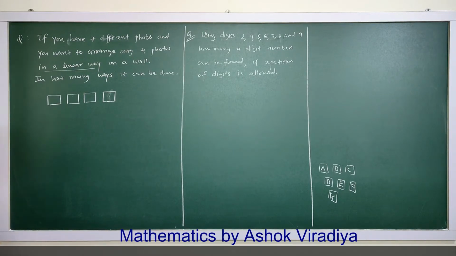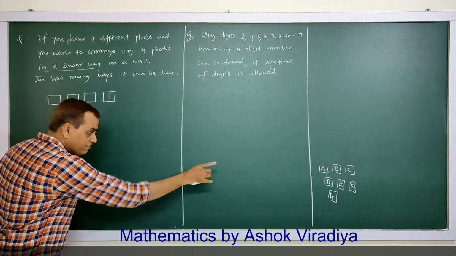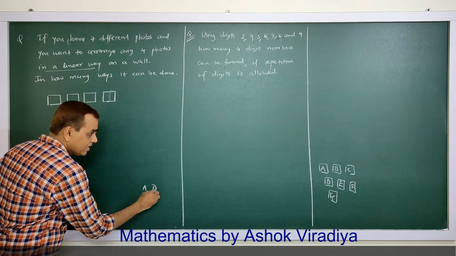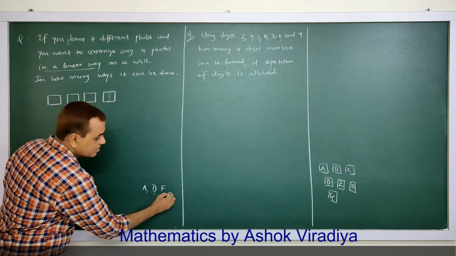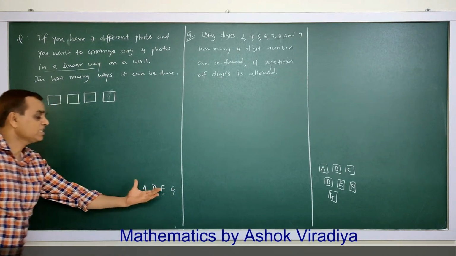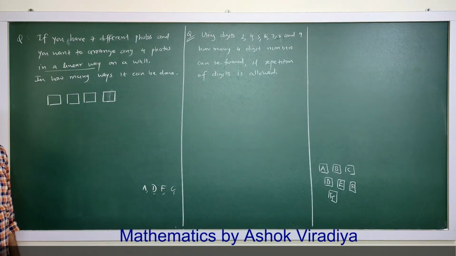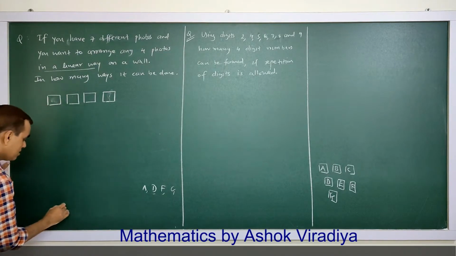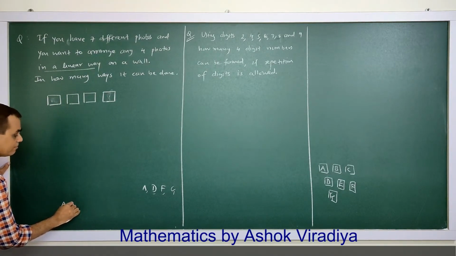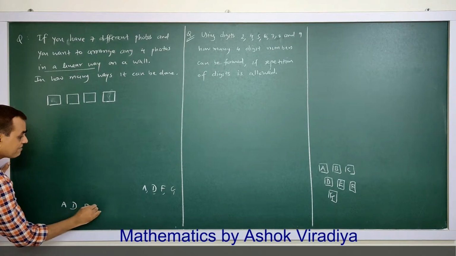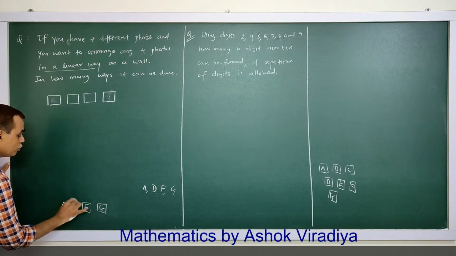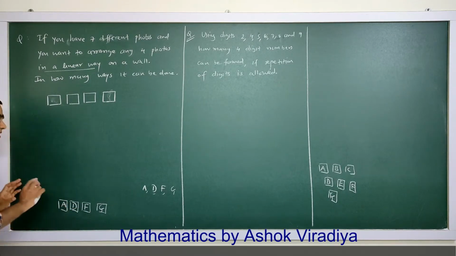Suppose a member chooses A, B, F, G. Now suppose you want to arrange A first, B second place, F third place, G fourth place. You want to arrange them on a wall this way.